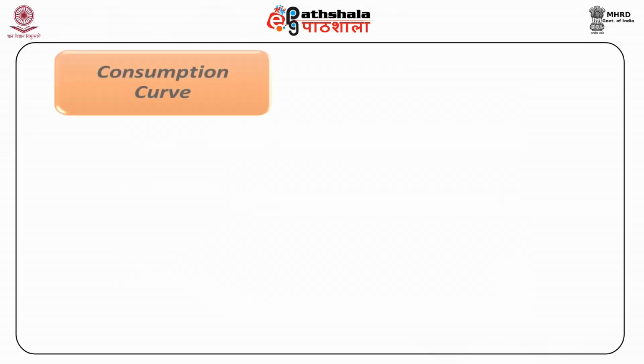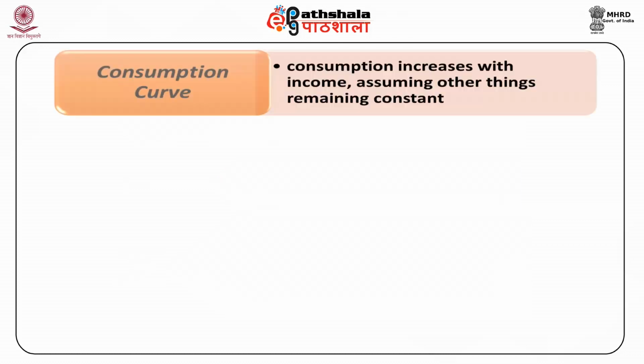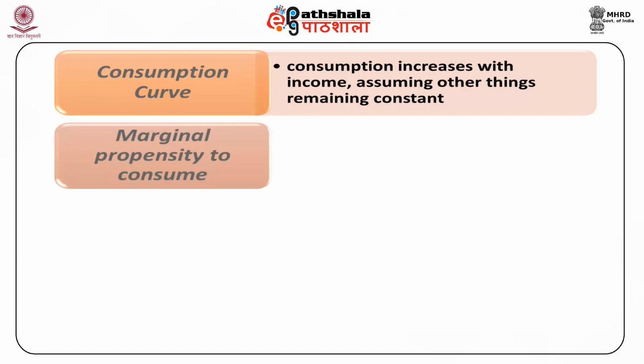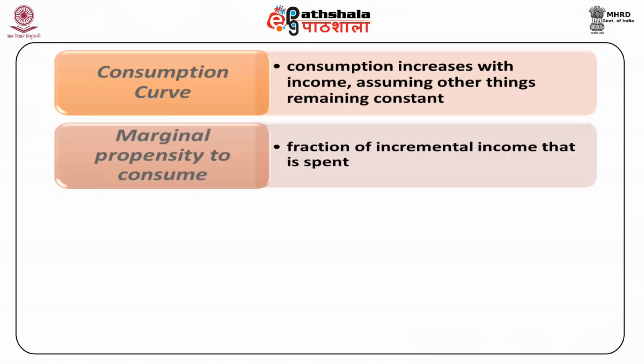The consumption curve shows that consumption increases with income, assuming other things remaining constant. The marginal propensity to consume MPC is the fraction of incremental income that is spent. APC and APS fall as income increases.